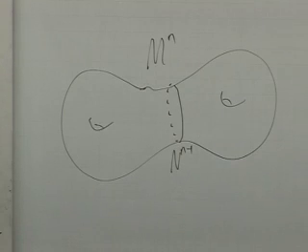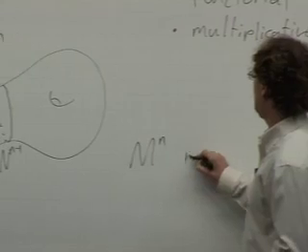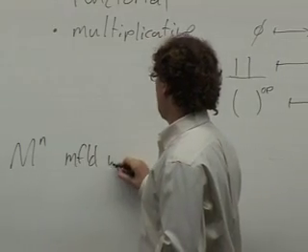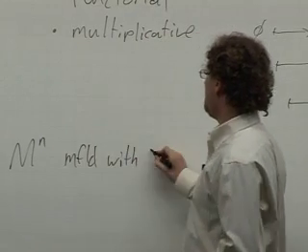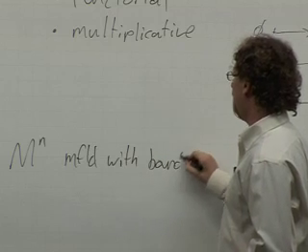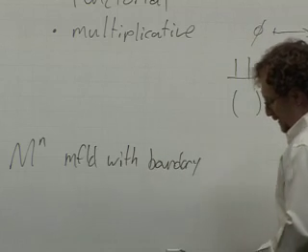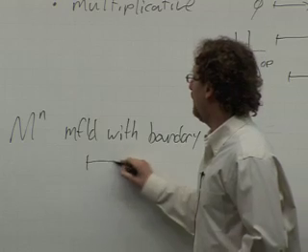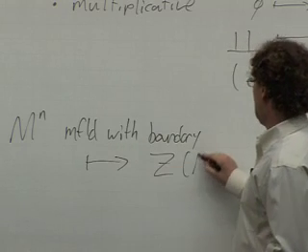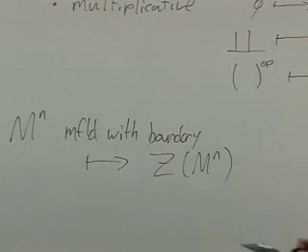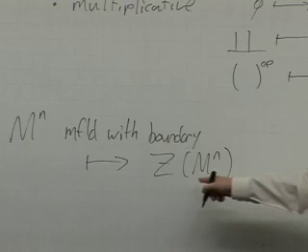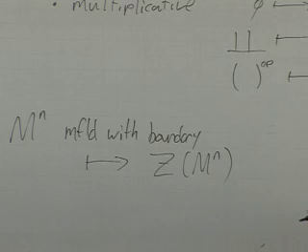And so how do we formalize this? Now we say that if you have M^n, now a manifold with boundary, so an n-dimensional manifold where I'm going to allow boundaries, then I'm going to assign to it Z of M^n, which is now going to be, instead of a number, a vector.